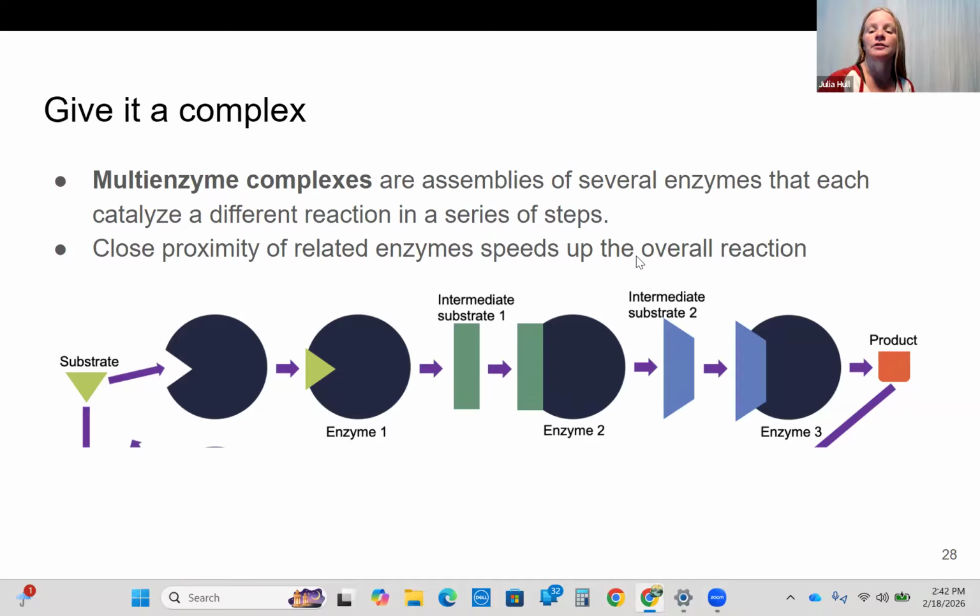The product for enzyme 2 is blue trapezoid. The product for enzyme 3 is orange square. So we see these intermediate substrates, and they're the product of the enzyme before. We're an assembly line in this, right?